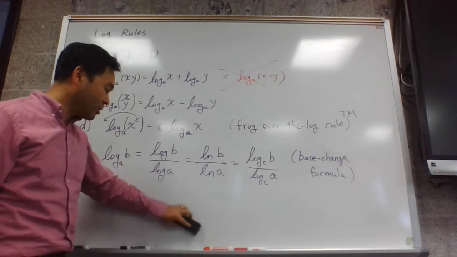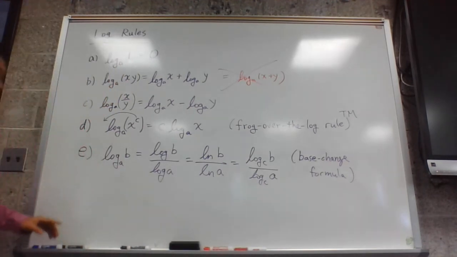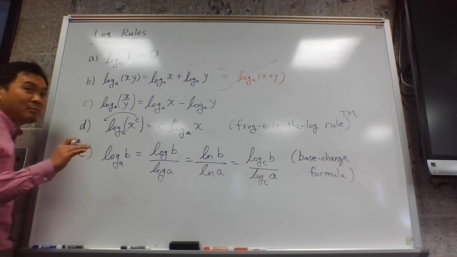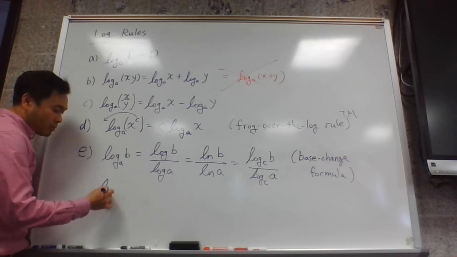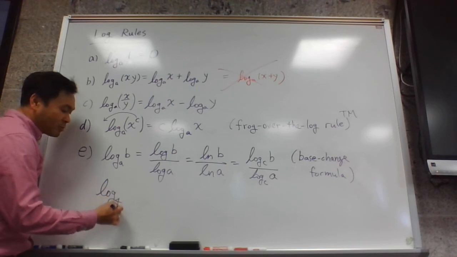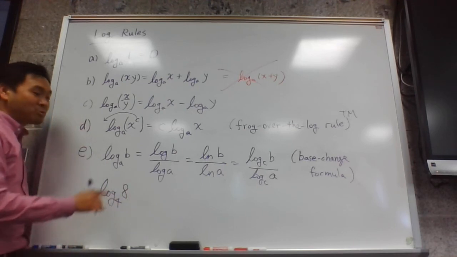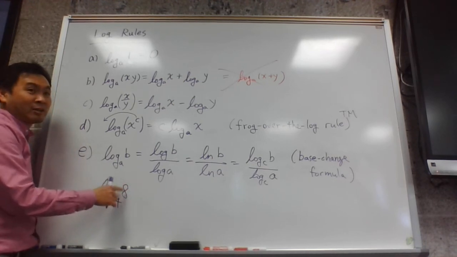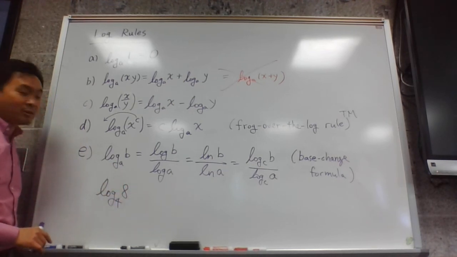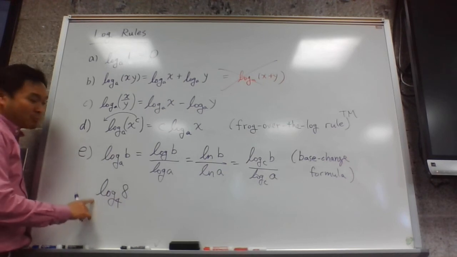All right, just to give you a demonstration of this base change formula, let me revisit one of the questions that we did. A moment ago, we did log base 4 of 8, right? And we had to do some crazy manipulation, like write 8 as 4 times 2. Here's a quick way to get it by the base change formula.